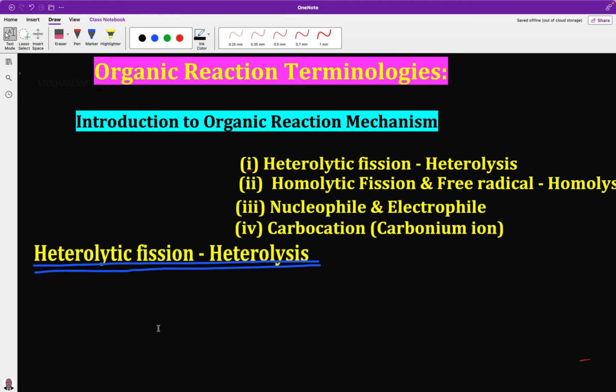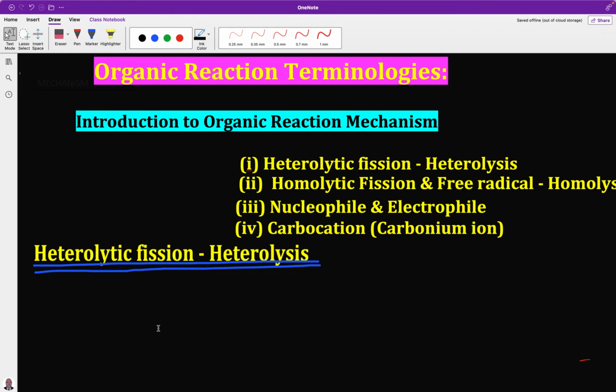In a covalent bond, a simple covalent bond has two electrons shared by the two atoms involved in the covalency. When there is heterolytic fission, when there's breakage in that covalent bond, the two atoms cannot end up with the same number of electrons.